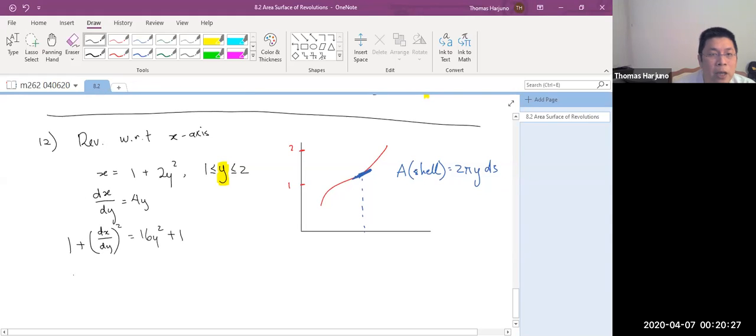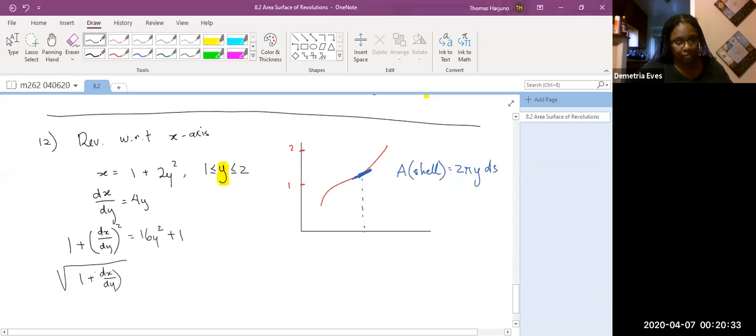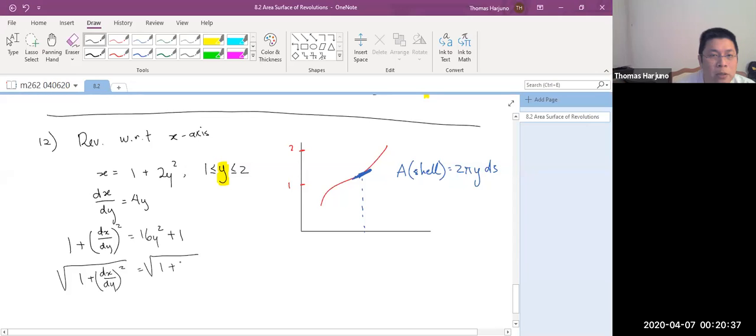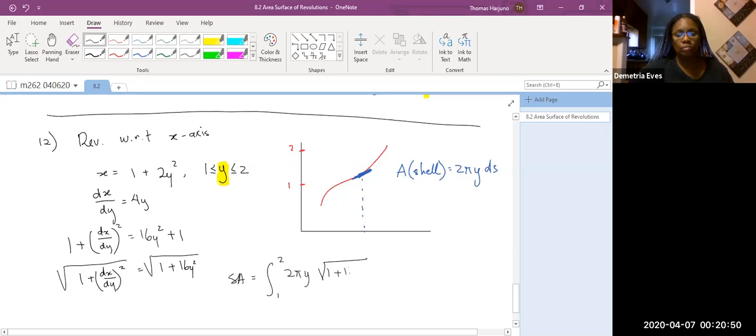So my ds is the square root of 1 plus 16y squared. The surface area will be the integral from 1 to 2, 2 pi y square root of 1 plus 16y squared dy.